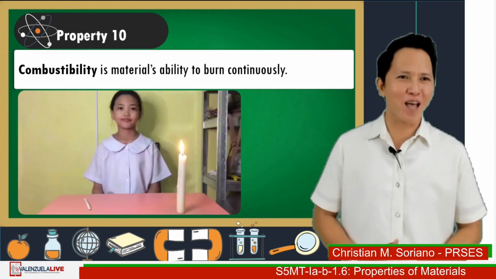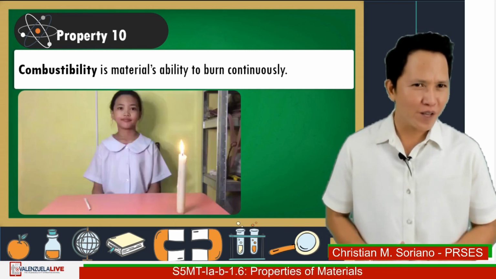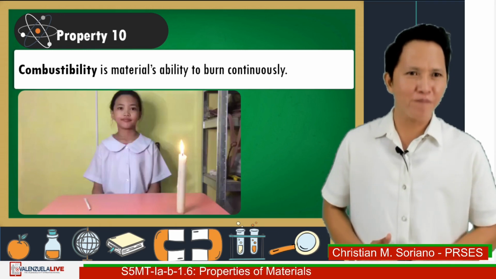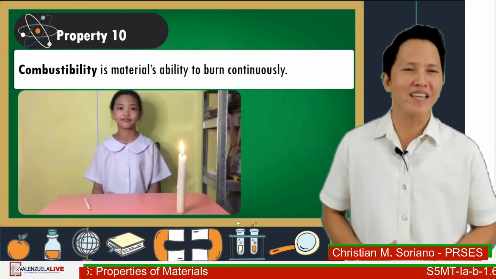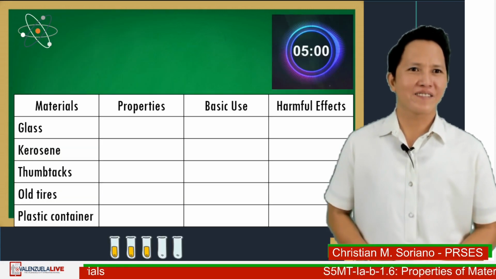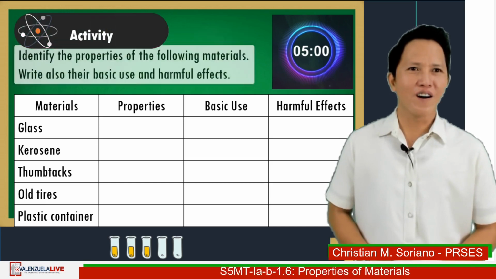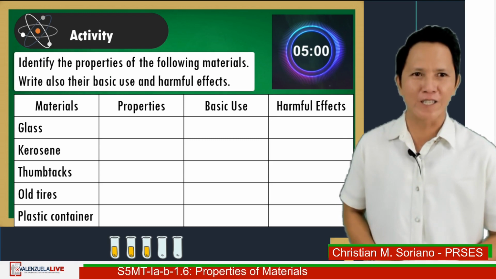All right, I have summed up all those properties of materials, and I hope you have noted them down, and we're going to proceed to our activity this morning. Now, all you have to do is to identify the properties of the following materials.